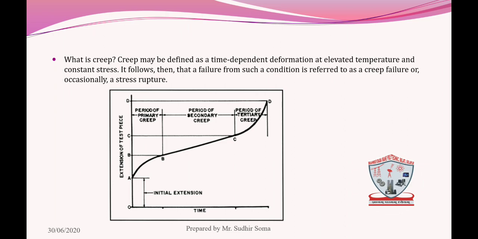The chart shows the phenomenon of creep completely. This following diagram will be helpful. So first of all, we know what is meant by creep. It can be defined as the slow and progressive deformation of a material with time under a constant stress.